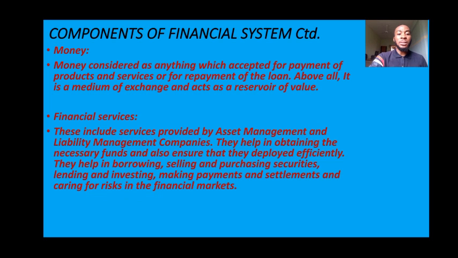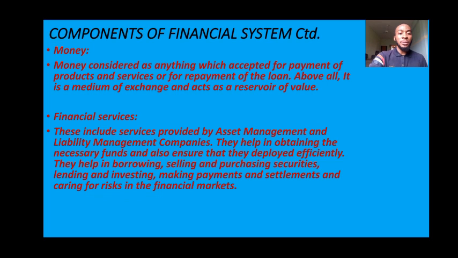So one of it is to do what? To manage assets and liability, or to provide management in the aspect of assets and liability. Now, liability here talks about loan. So they help to guide and advise on how loan could be paid, or help the business owners to get loan from the institution. They also help them to invest in a good portfolio that will yield what?